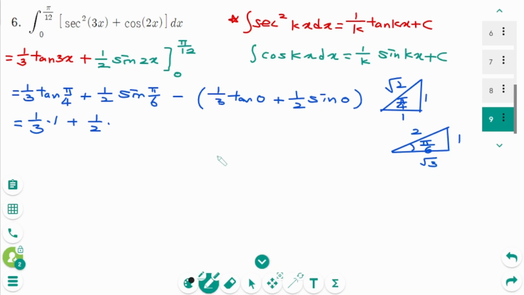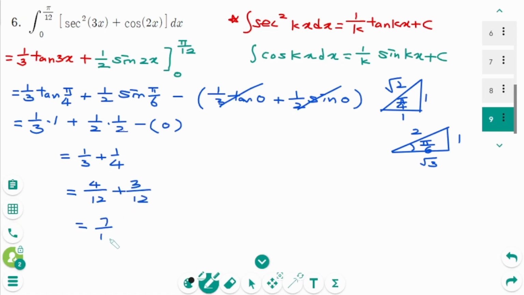Then sine ratio is 1 over 2, minus tangent 0 is 0, sine 0 is 0, so 0. The final answer is 1 over 3 plus 1 over 4 equals 4 over 12 plus 3 over 12, which is 7 over 12. We have the same answer.